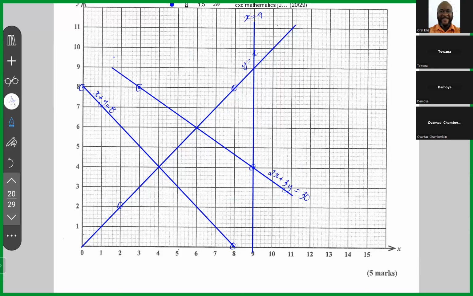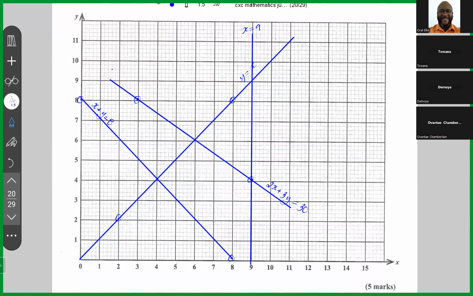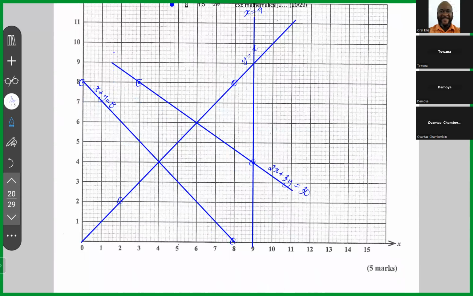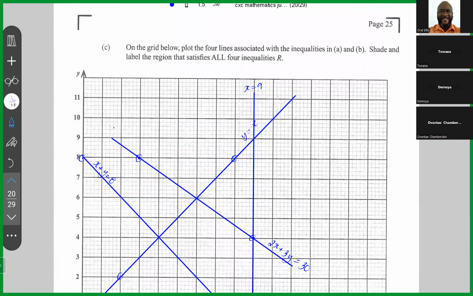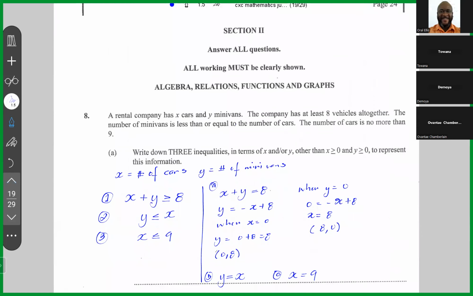The next thing I'm asked to do is to find the common area and shade it and label it. We're asked to label the common area R. So let's deal with the first inequality. The first inequality is x plus y is greater than or equal to 8.